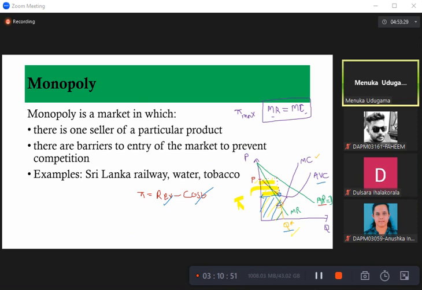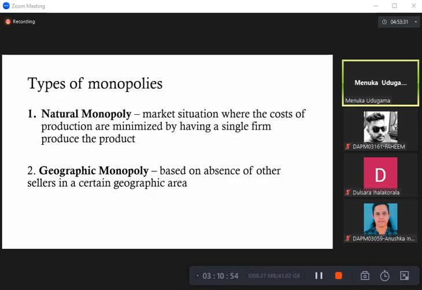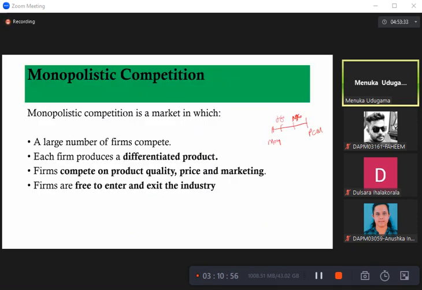Right. So now let's look at another type of market structure. We discussed the perfectly competitive market and then the monopoly, and now we are going to look at monopolistic competition.